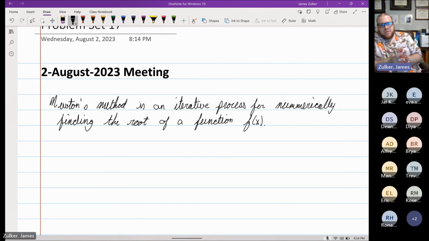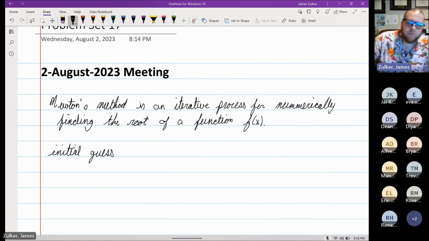And so remember, the root is solving f of x equals 0. We first have to make an initial guess. We call this initial guess x naught.